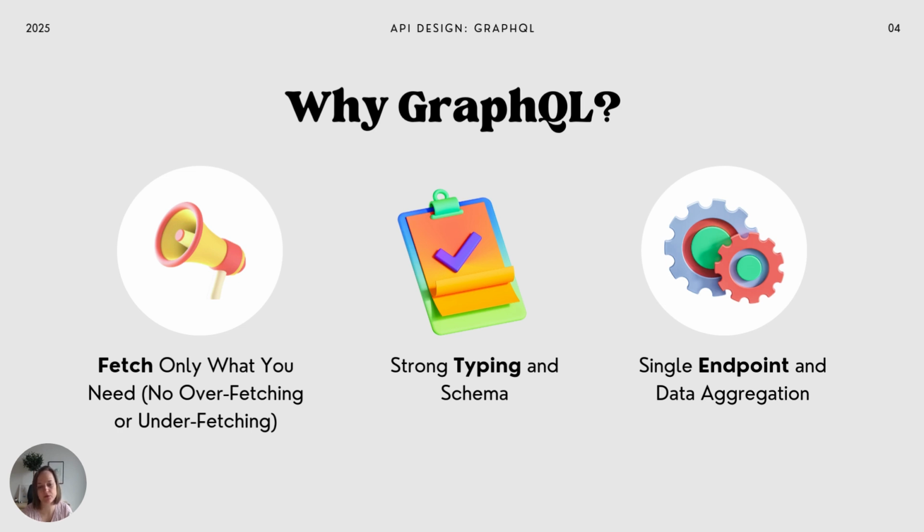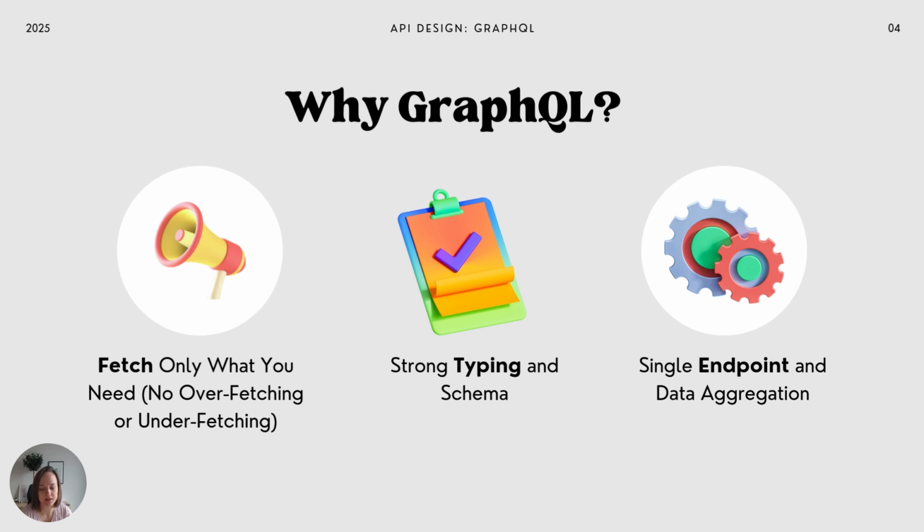So instead of focusing on the requests, we're focusing on data, on resources first, and then the endpoints come automatically from that. There is no endpoint design in GraphQL like there is in REST.